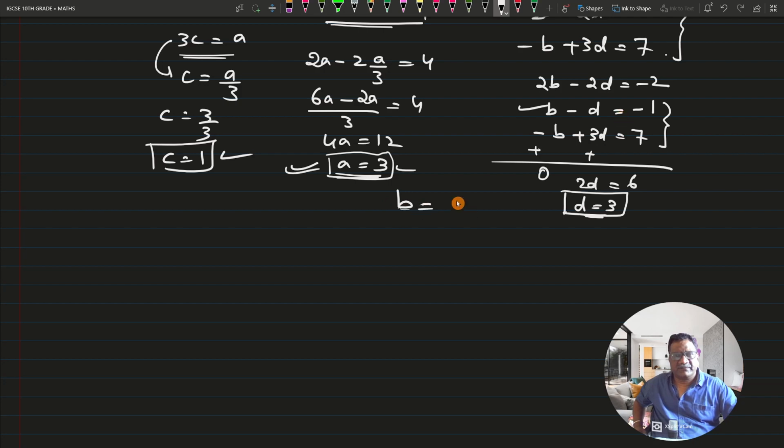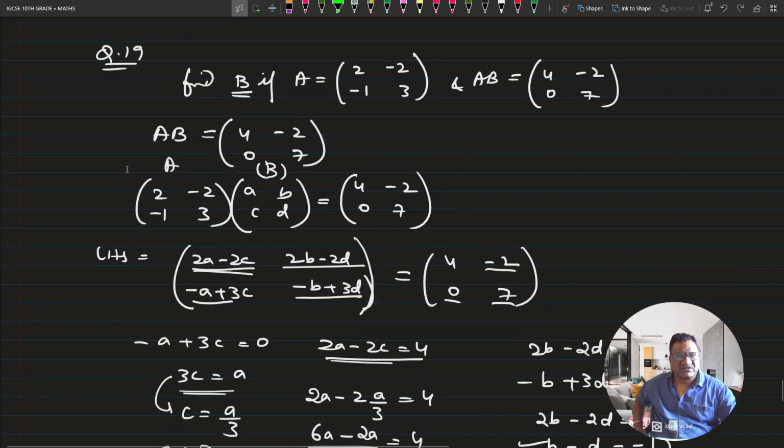Minus 1 plus d. So b will be equal to minus 1 plus d, just now I got as 3. So b will be equal to 2. Okay, so I got all a b c d. So by matrix what they had asked you to find out, b.